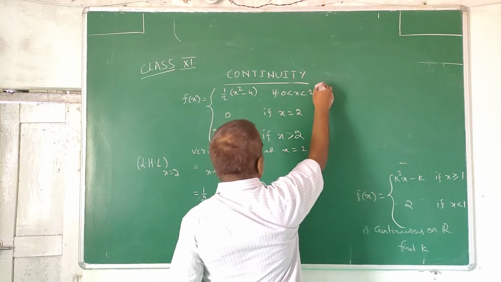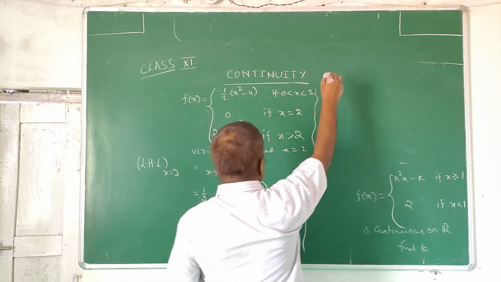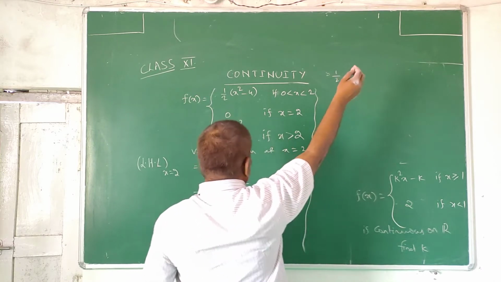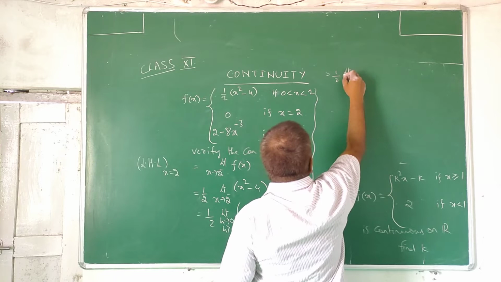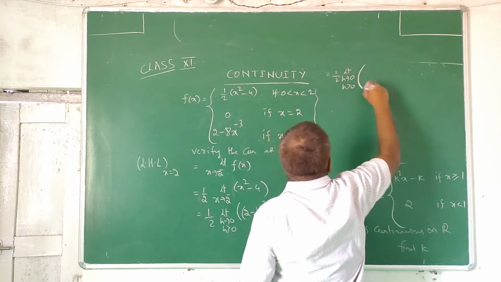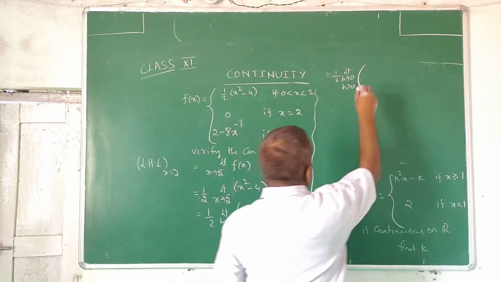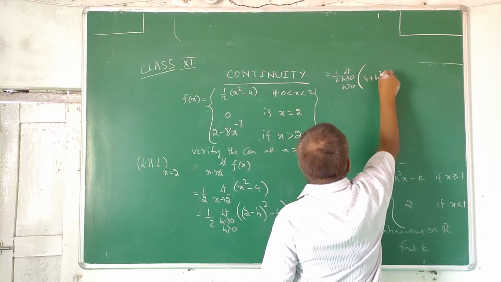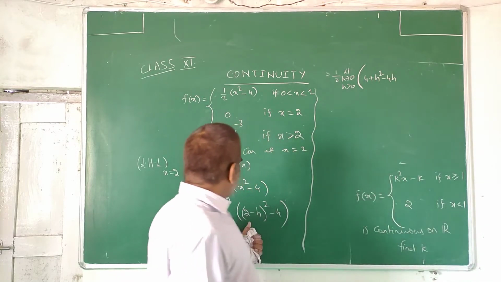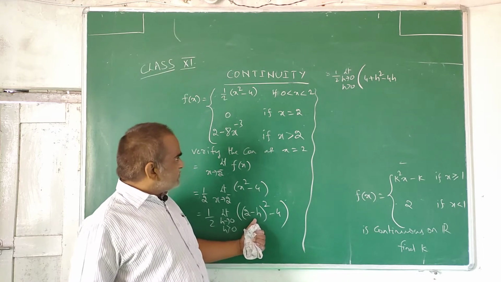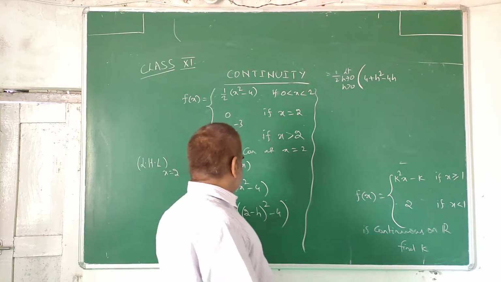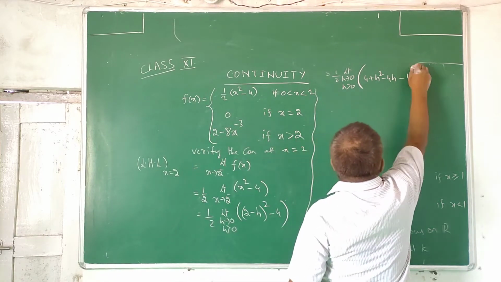If you expand this in (a minus b) whole square form, you get 4 plus h square minus 4h minus 4.